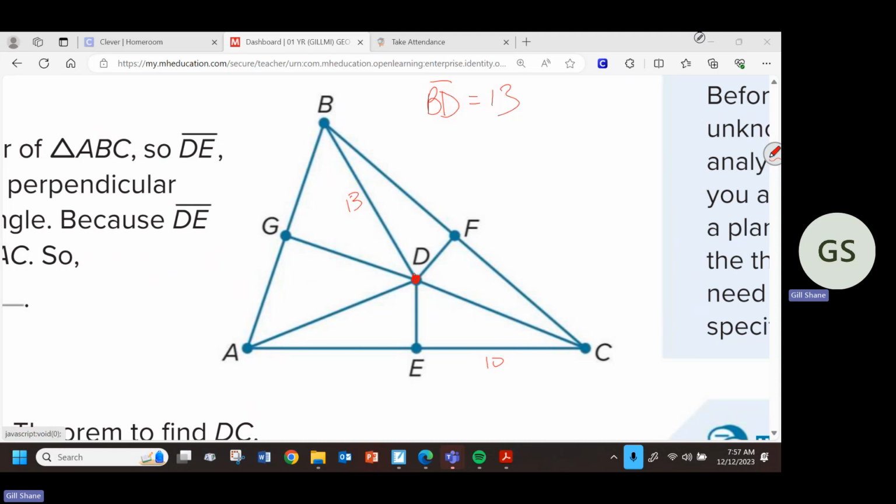Oh yeah, it's the same distance to every vertex, because I know this distance to this vertex. So maybe this is just the same thing. Same for AD, that would be good. So that would be 13 as well. So again, just fill in what you know. And you're going to have to memorize definitions and know some of this, but you do that.